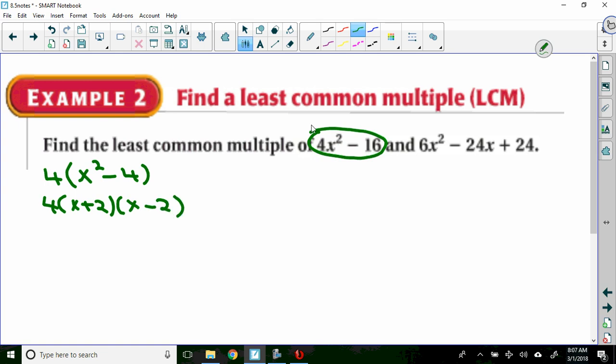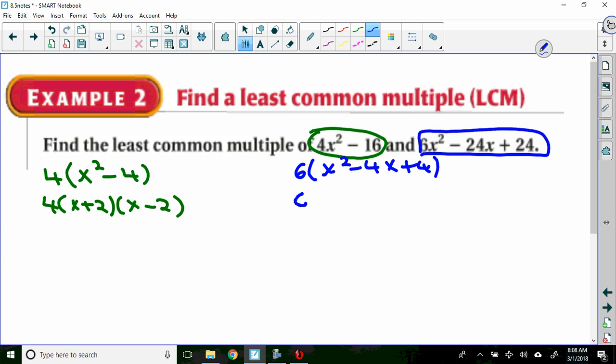That's how that one thing factors. The other expression, we should be able to factor a 6 out of. So that's x squared minus 4x plus 4. So that ends up being 6 times x minus 2 times x minus 2.